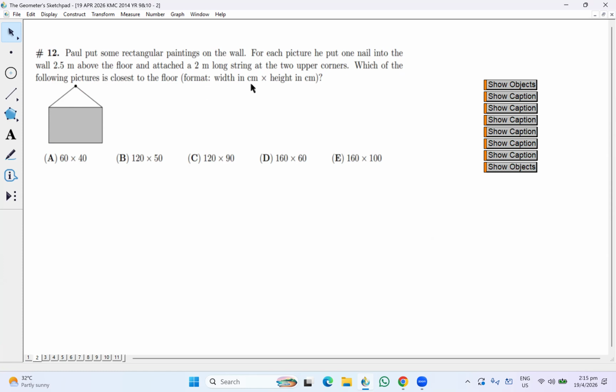Format is width times height. This question never says whether the longer side or the narrower side is hanging, but after I checked the answer, they want all the longer sides to be horizontal. If not, the answer will be different. So we calculate one by one.